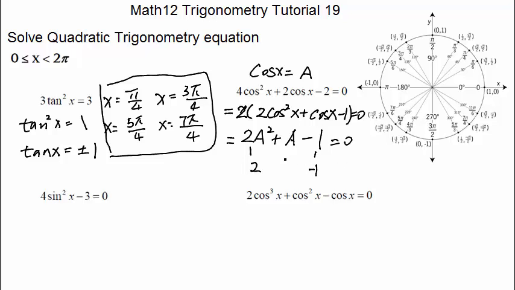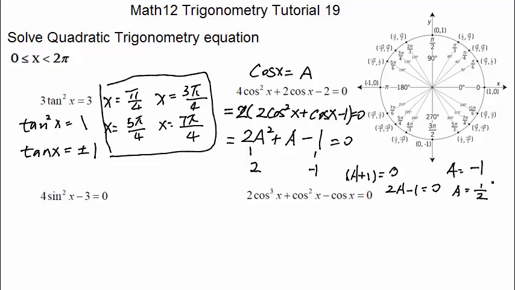So we got a plus 1 equal to 0 and then 2a minus 1 equal to 0. Then a equal to negative 1 and a equal to positive 1/2.